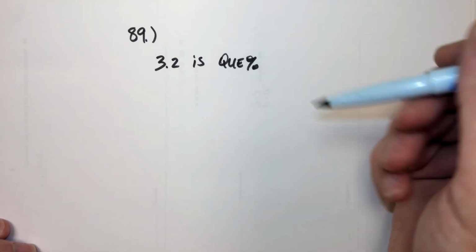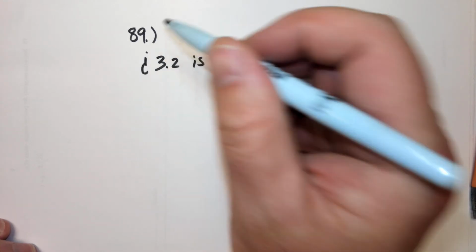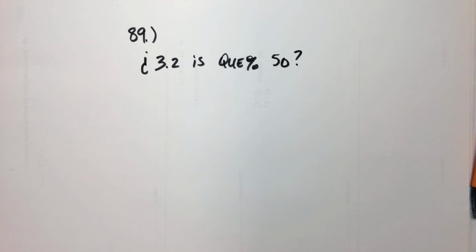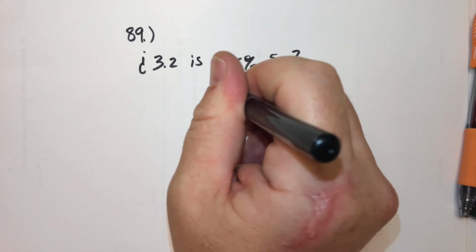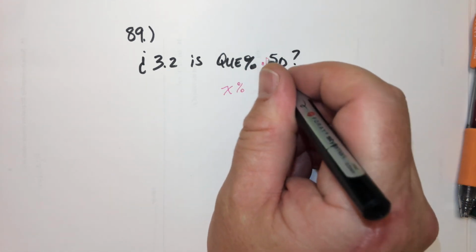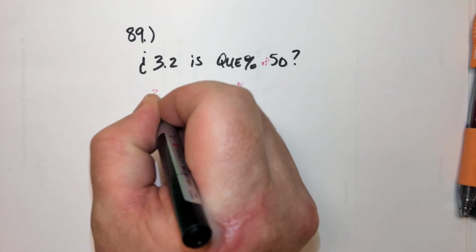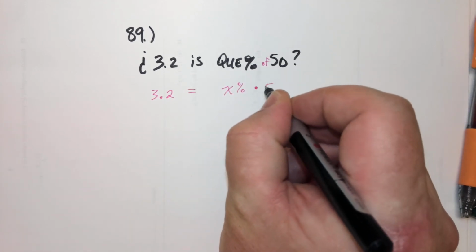So 3.2 is what percentage of 50? This is nasty, unless you write an equation. If you write the equation, it's really, really easy. All you've got to do is where it says what, you put x. So it's 3.2 equals what percent of 50?